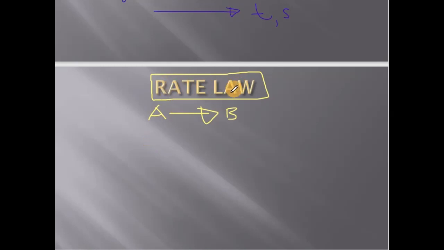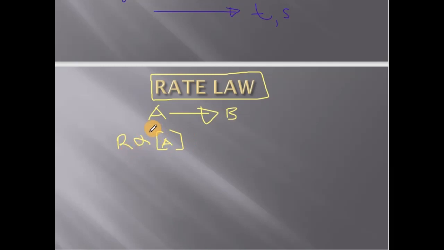Now the rate law says that the concentration of a reactant is proportional to the rate of the reaction. So the rate law says for every reaction, the rate of that reaction is proportional to the concentration of the reactant. That means that the reactant concentration can affect the rate of the reaction. If you increase the concentration of the reactant, then you expect the rate to also increase.